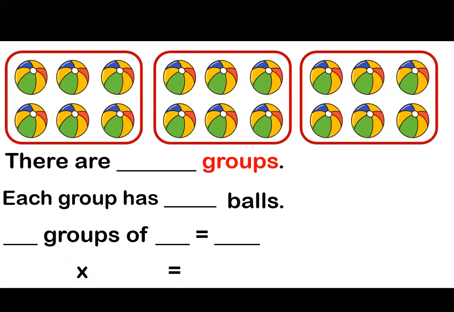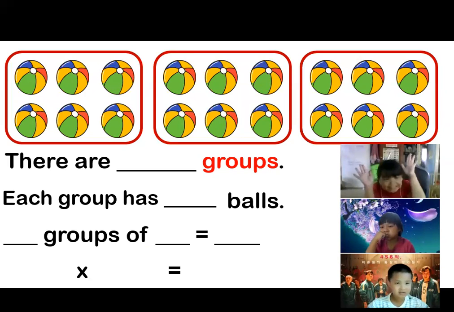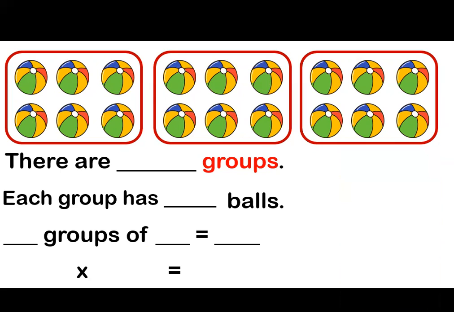Balls. Okay, how about Sky? Sky, how many groups are there? 3. Okay, so there are 3 groups.